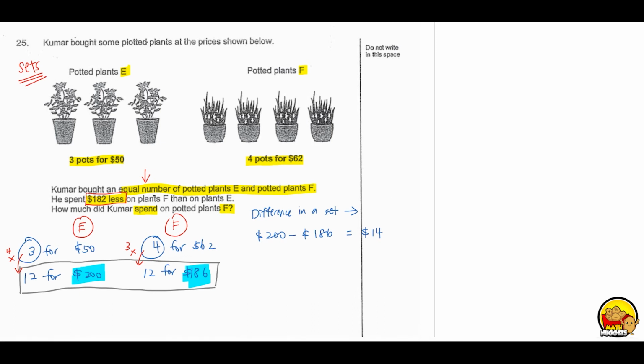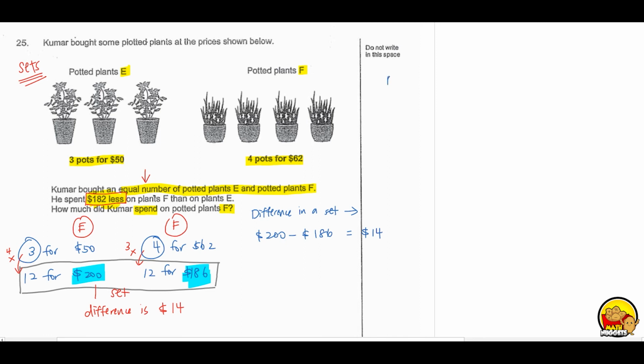So the difference in one set is $14. So he bought multiple sets of this. We don't know how many sets, but we know that he bought multiple sets of this until the difference in total is $182.